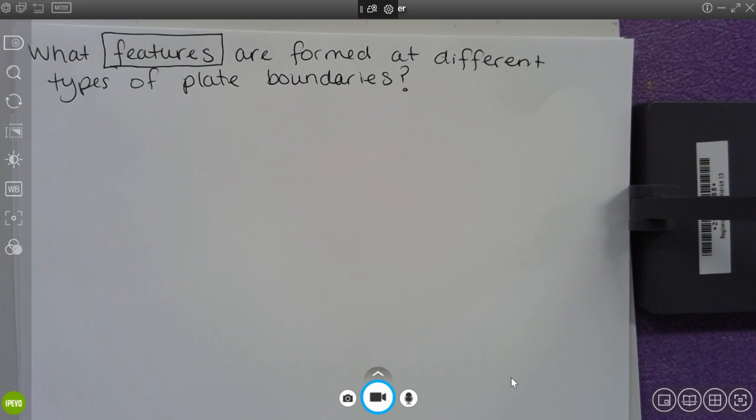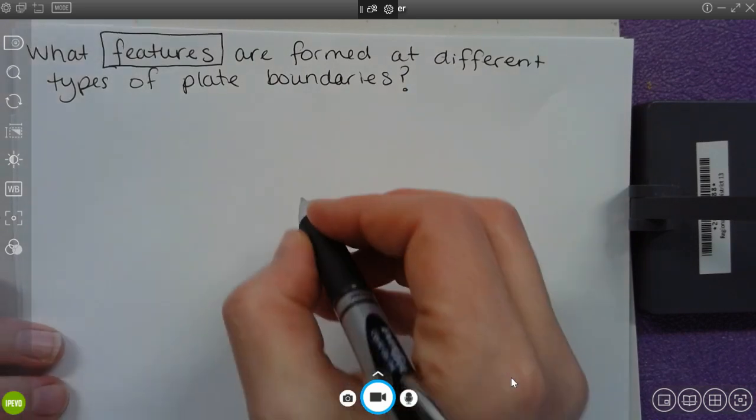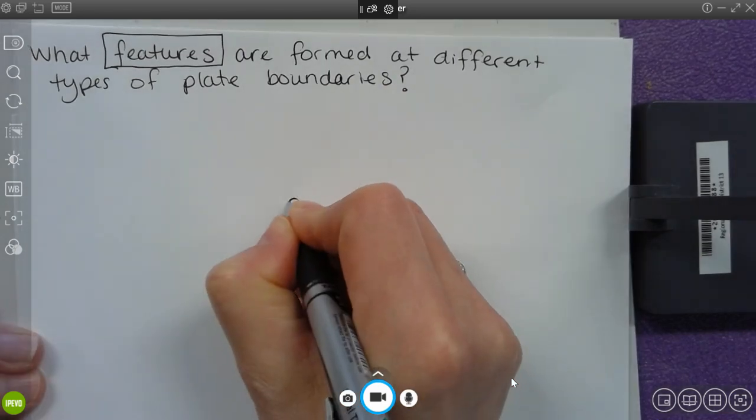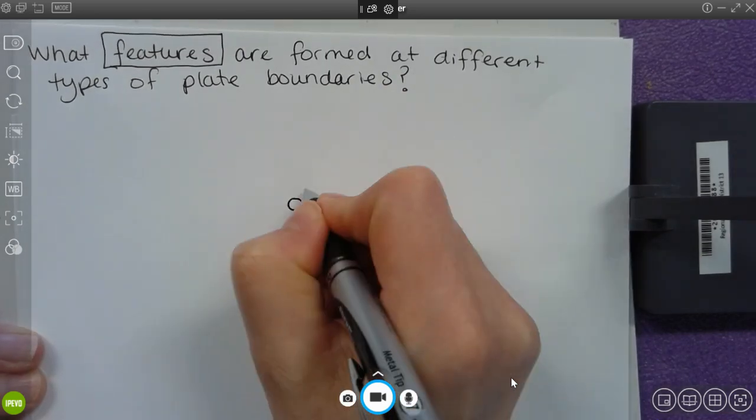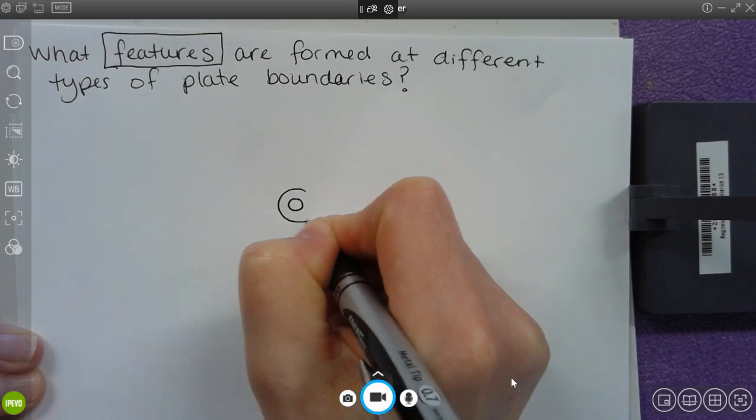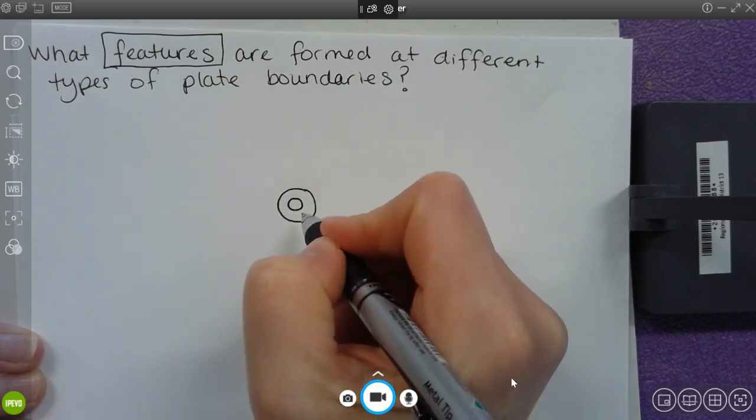Before we answer that question, let's do a really quick review of what we know, and then we can start learning about the different types. So the first thing I'm going to do is review Earth's interior. To do that, I'm going to draw what I know about Earth.